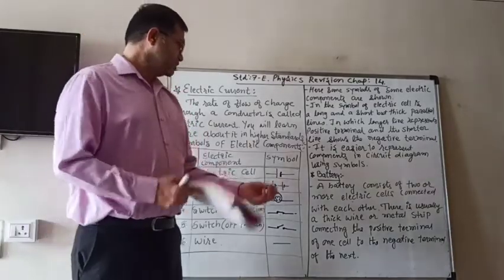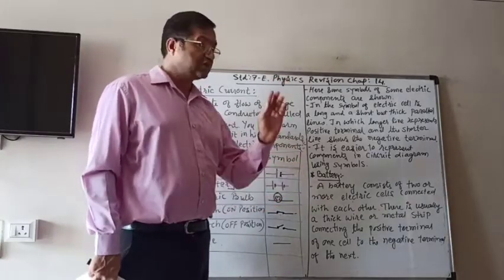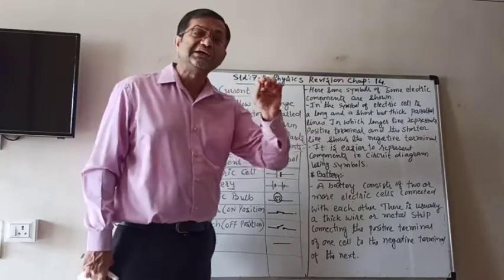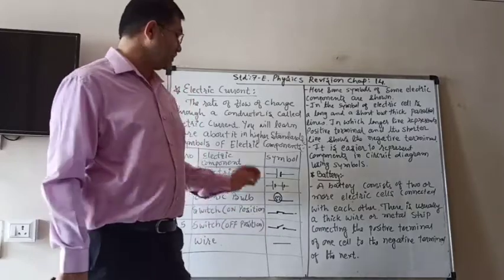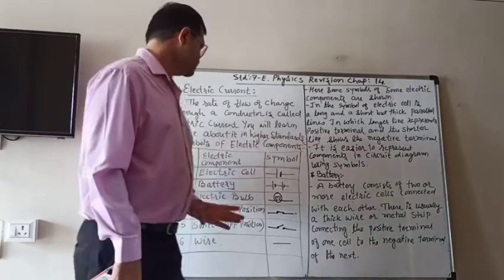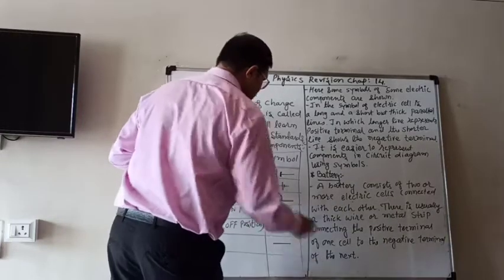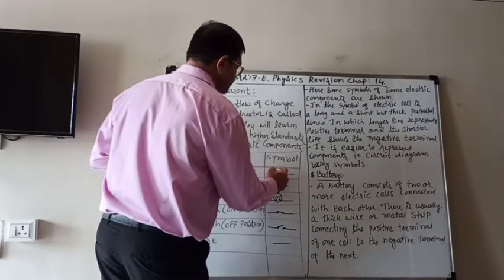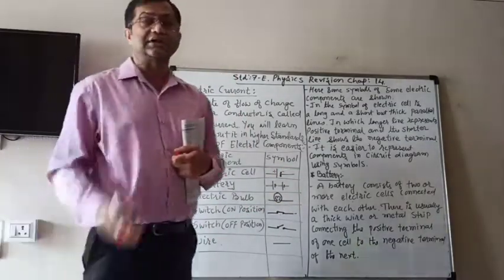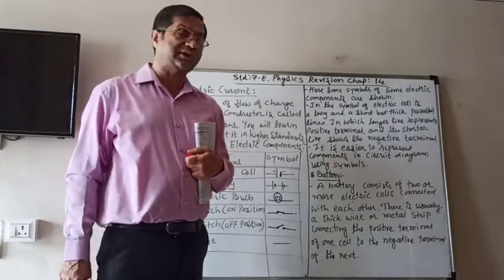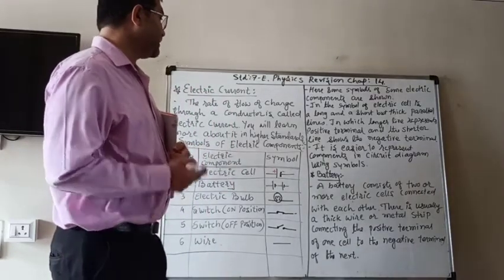Remember that one should be longer, the other must be shorter but a little thicker than the longer one. So it represents an electric cell, or you can say the dry cell. Here you can also write down its terminals: the longer one is the positive terminal and the shorter line represents the negative terminal.